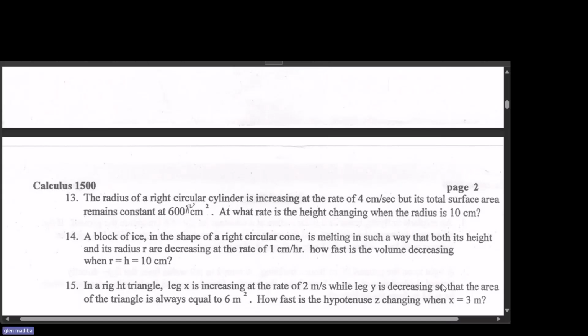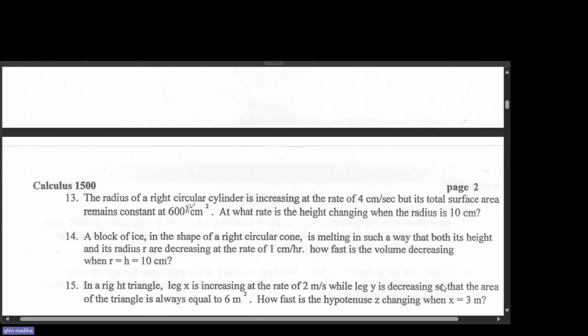Yes, sir. Now, let's go back to the formula for the area of a triangle. We say the area A equals half xy. A is 6, so in the place of A, we put 6 equals half xy. Then xy equals 12.